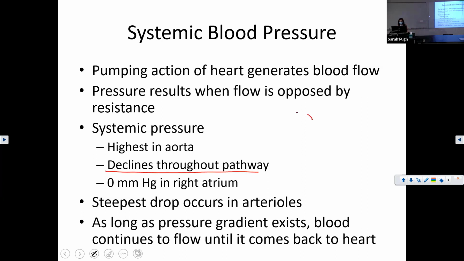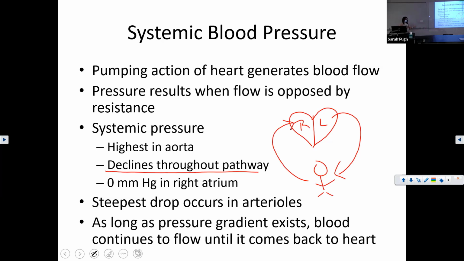So remember that drawing where blood is leaving the left side of the heart, going to your body's tissues, okay, and then spent blood is going to come back to the right side of your heart. This is our systemic circuit right here. And I told you that pressure is 120, right, where it is leaving that left ventricle through the aorta.